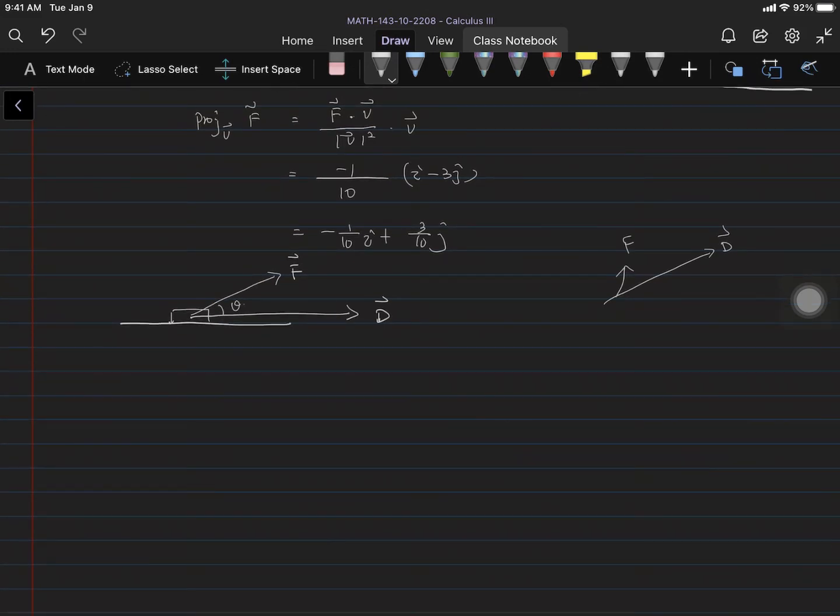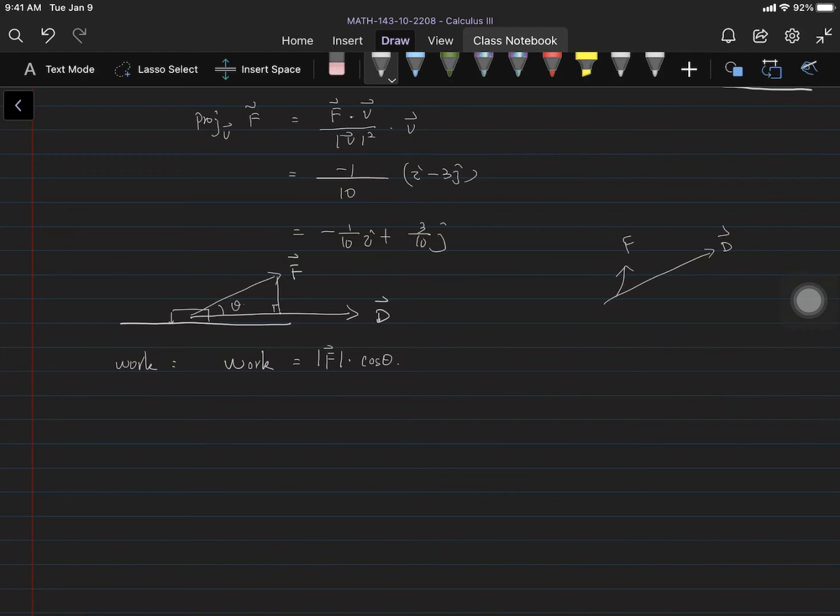Okay. Right now, let's take a look. What is the work? So we use W to express the work. Work equals what? Okay, the work done by the force in the direction of D, which is actually F times the cosine theta, which is the scalar projection here, right?